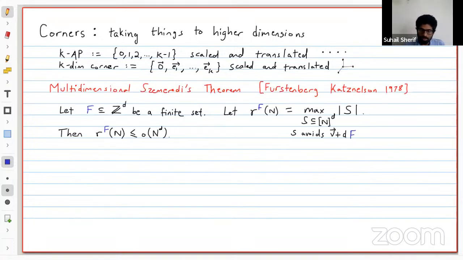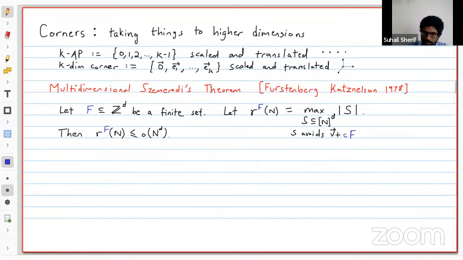And this ties into this whole framework in the multidimensional Szemerédi theorem, which is proven by Furstenberg and Katznelson using ergodic theory. So they say: let F be any finite set of vectors in d-dimensional space. And we can similarly define this quantity, which is the largest subset of this d-dimensional grid that actually avoids this shape, so anything of the form v plus c times F. Okay, this should not be d over here. d is the dimension.